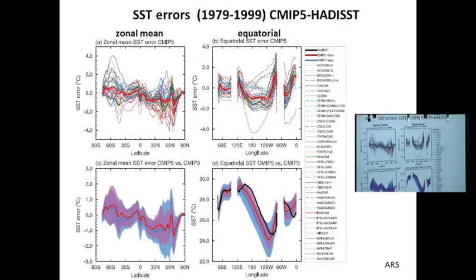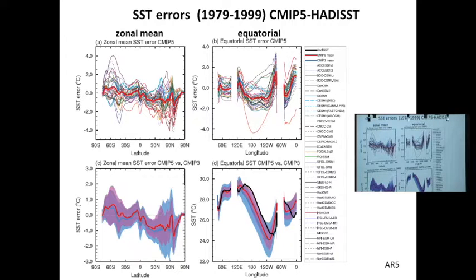To see the errors in the sea surface temperature. As I told you, the sea surface temperature is very, very, very important for analysis of climate variability, climate change. So we need to know if the models can represent and how they can represent this variable.